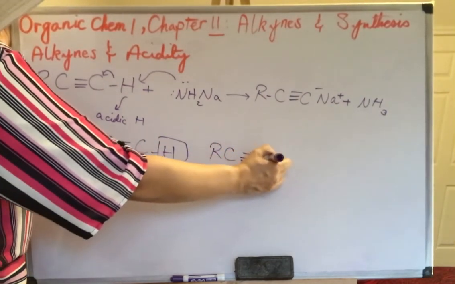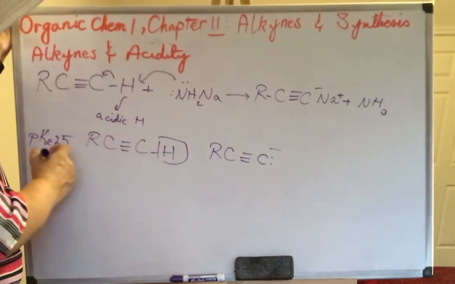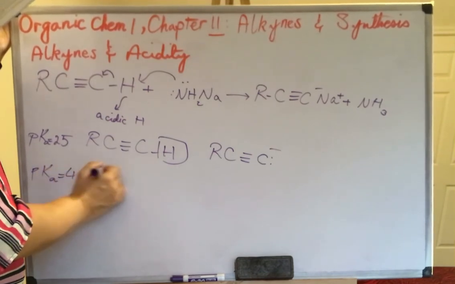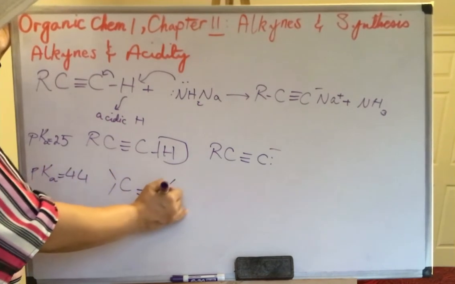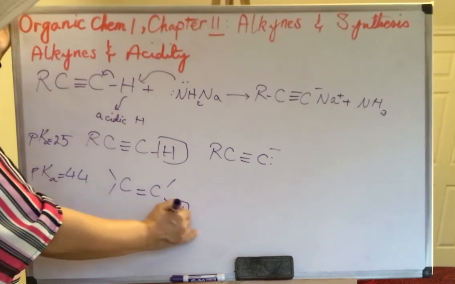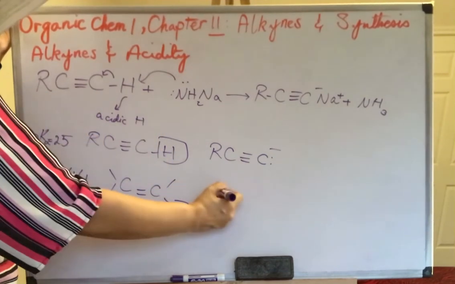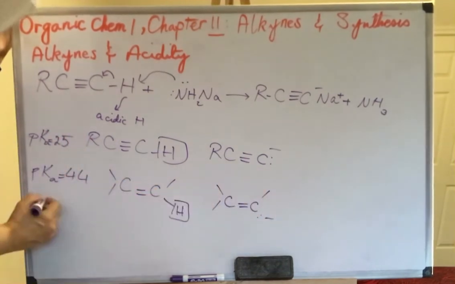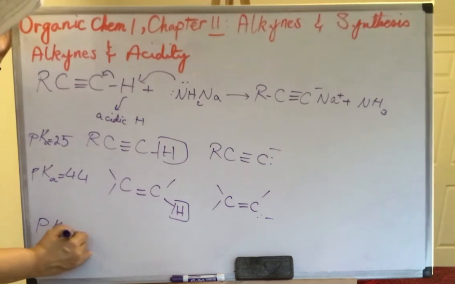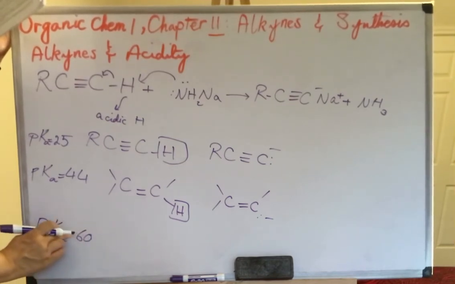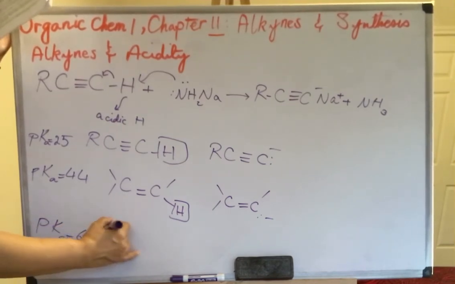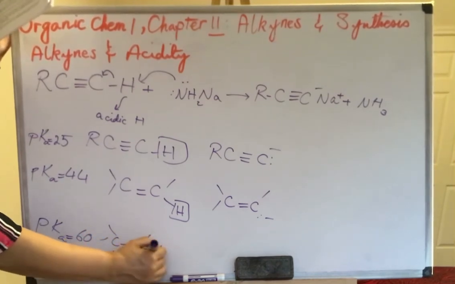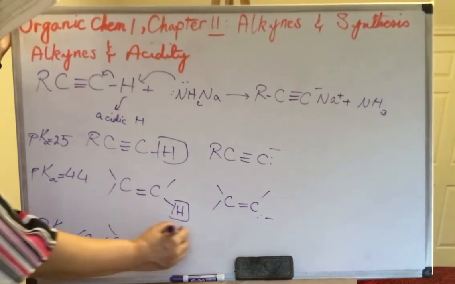The pKa for the other compound, for an alkene, is 44. So this would be the anion, and the pKa for an alkane is going to be 60. Talking about this hydrogen connected to this carbon.